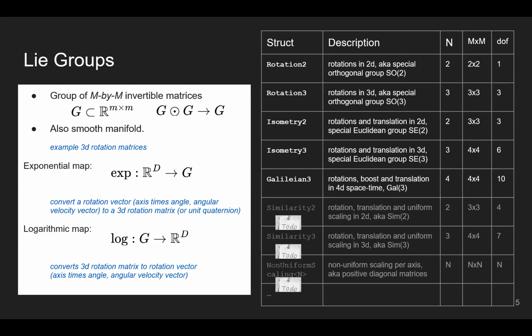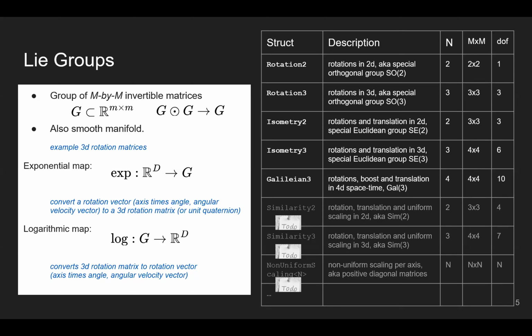So there's the concept of an exponential map, where you take a tangent vector and map it to an element of the manifold, or of the Lie group, and then there's also an inverse. The example for 3D rotation is that you take a rotation vector, which can be understood as axis times angle or angular velocities, and that exponential map maps it to 3D rotation matrices.